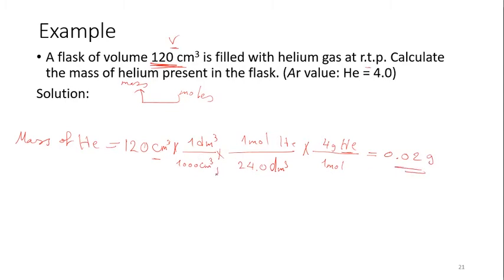So I could see here my first step is converting the cubic centimeter into cubic decimeter, and then I will use not the conversion factor, but the relation between the moles and the volume to get the number of moles.